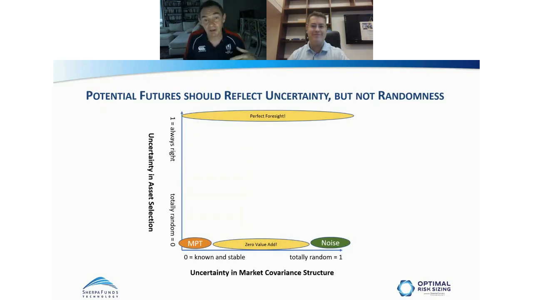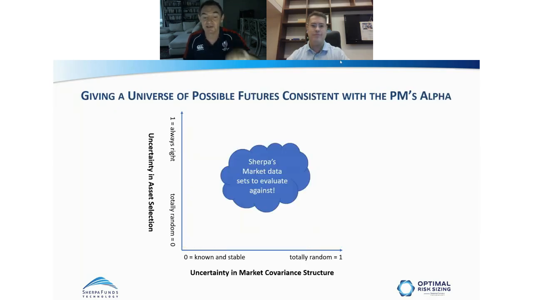If you're at the bottom, you have no alpha. Your asset selections have no information value. So the top is not possible, and the bottom, well, you're definitely not in the business. The people who are running money have alpha. That's their profession. So you're somewhere in the middle on the y-axis.